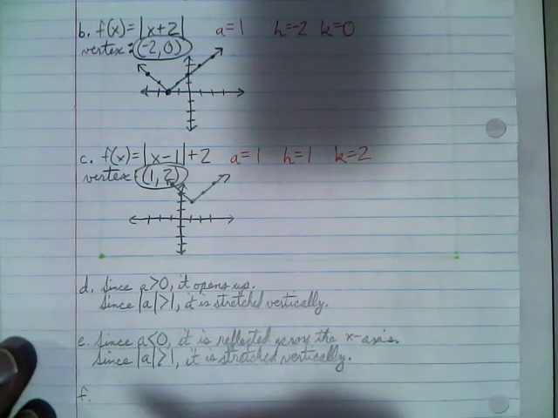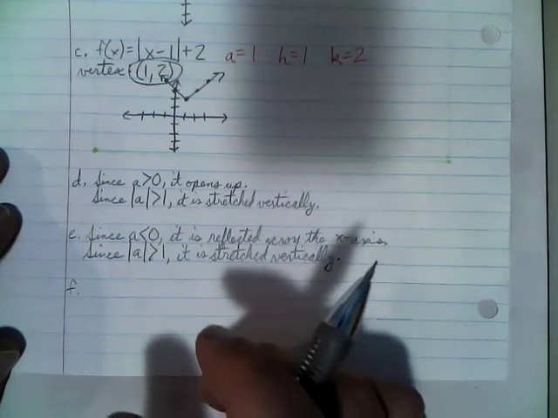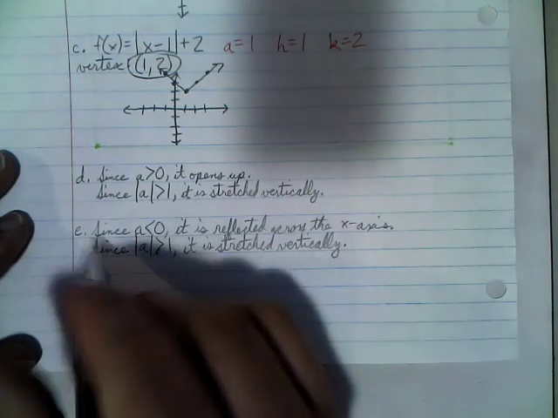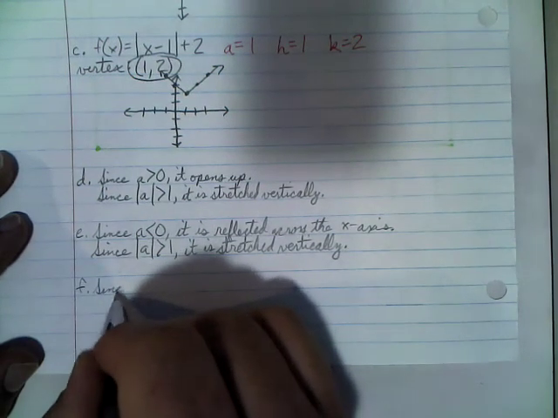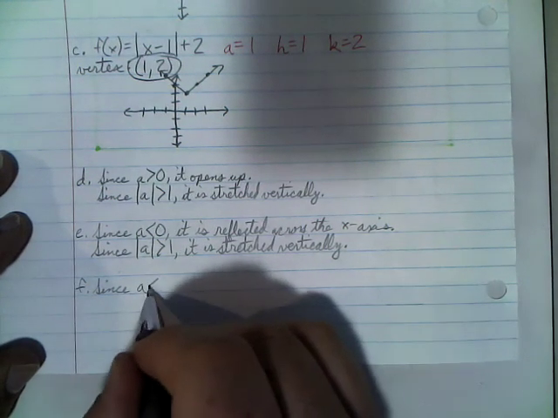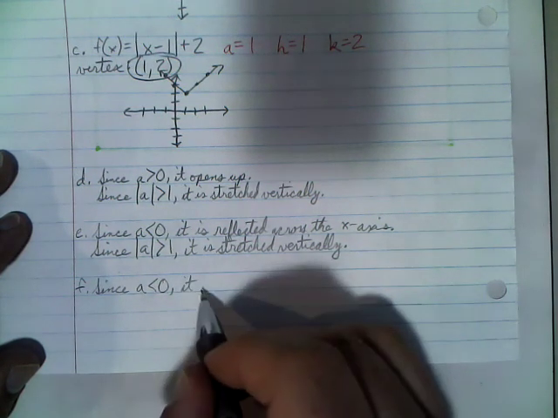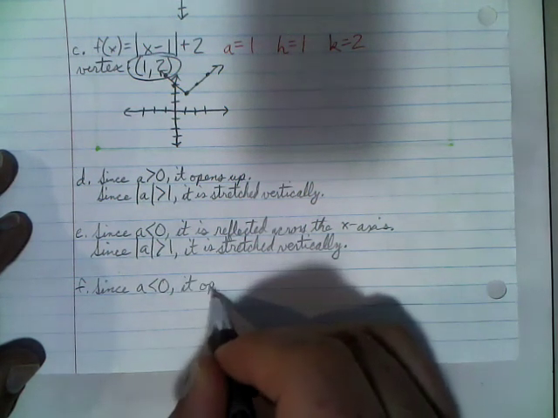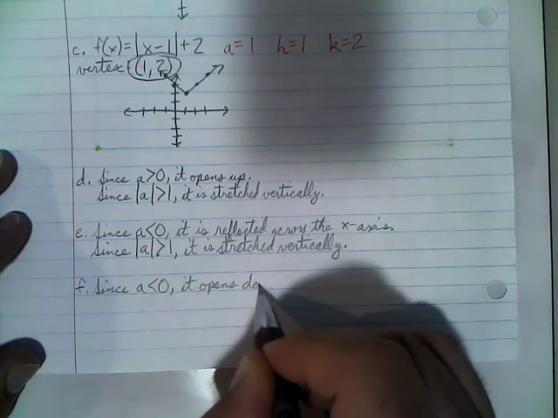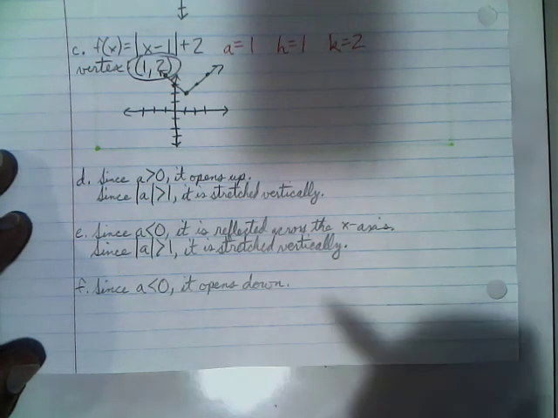F. So in this case, F, our a is a negative 0.5. So first of all, since a is less than 0, it is reflected across the x-axis, or it opens down. Same thing.